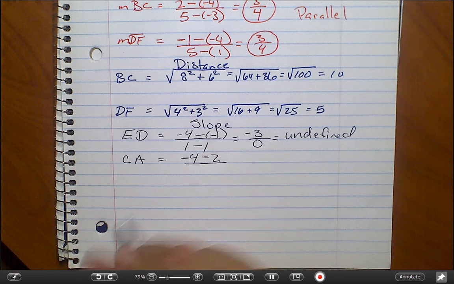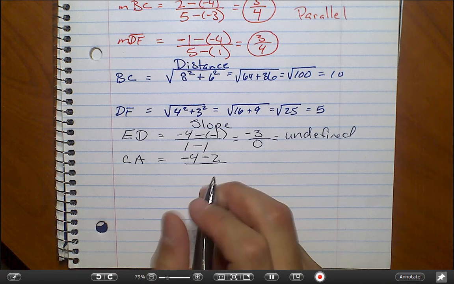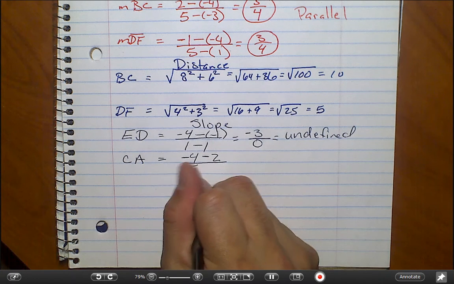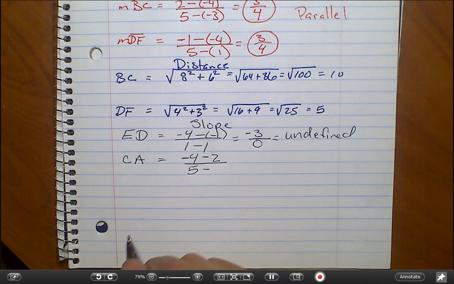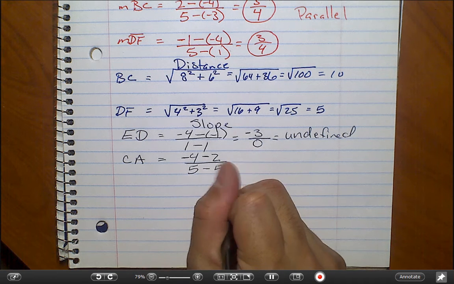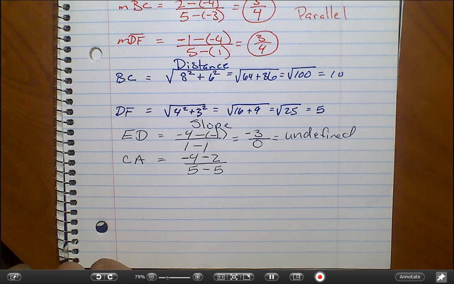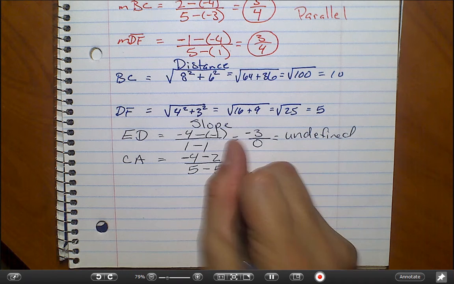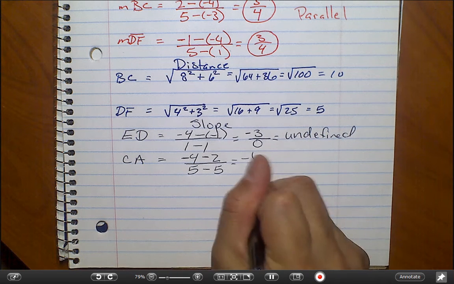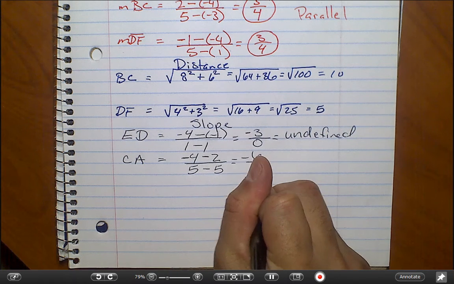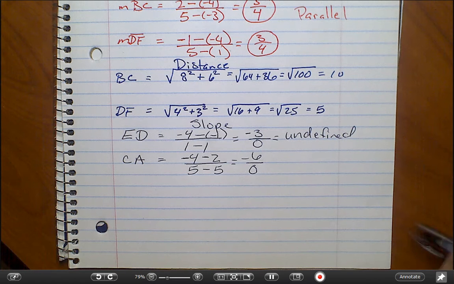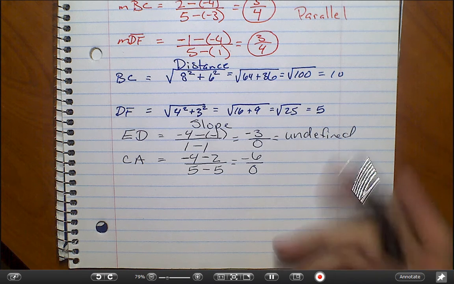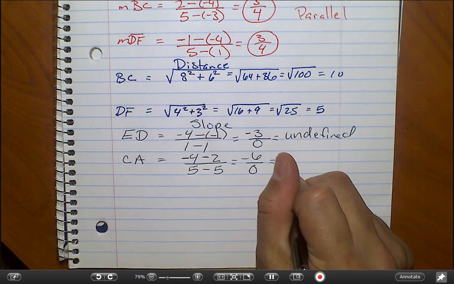Over, what is x from my A point? Minus, what is x from the C? Very good, 5. So it's 5 minus 5, right? So right here, I should get -6 over 0, right? Negative 6 over 0. So therefore, this one is also undefined.